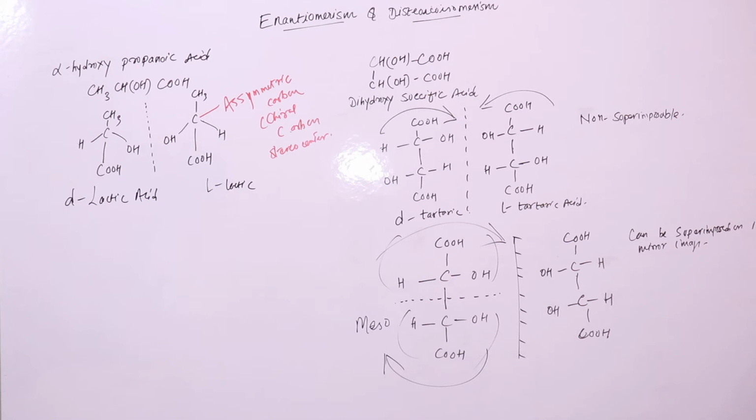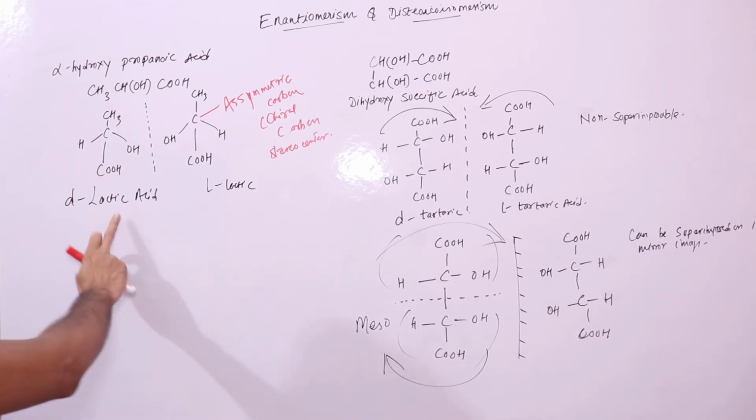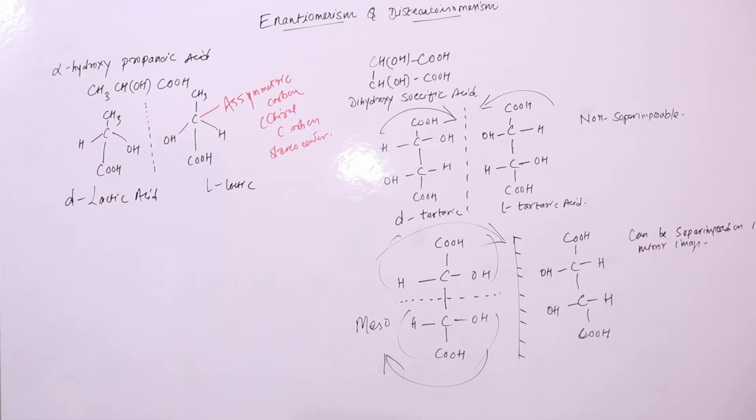And they may differ physiologically. For example, histidine is a compound that exists in enantiomeric forms, D-histidine and L-histidine. D-histidine is sweet, whereas L-histidine is tasteless.